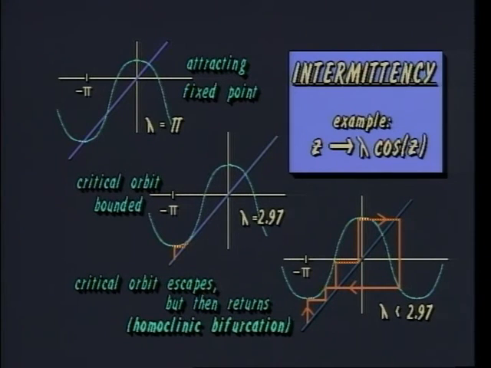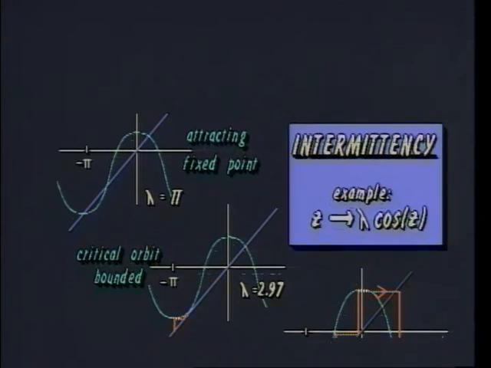So all of the images that you're about to see occur for the family of constant times cosine, where the constant varies from simply pi down to 2.97, and in the computer experiments we should see the birth and death of lots of these black regions and all sorts of other stuff.